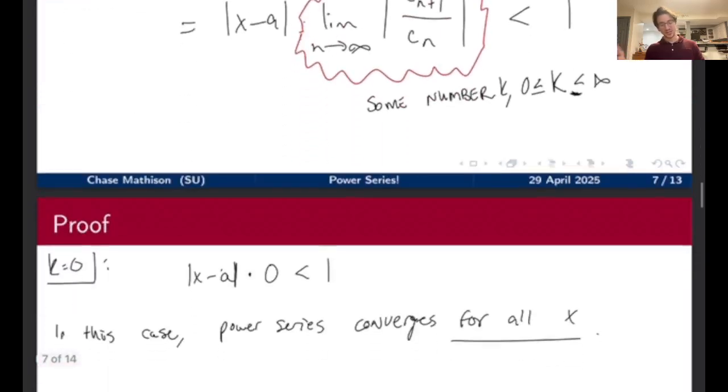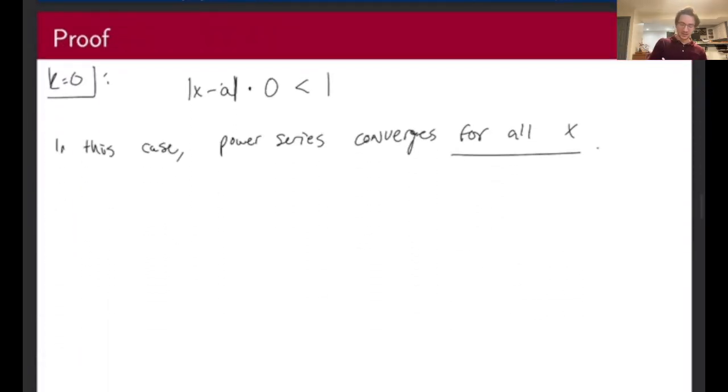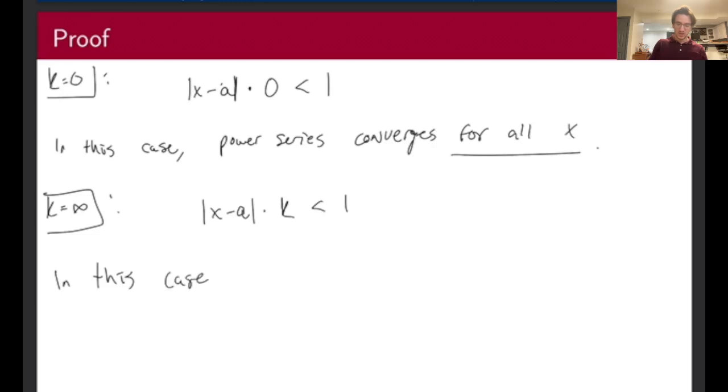Okay. Let's look at the opposite case, sort of the bad case. K equals infinity. The limit blows up. Then we get something that looks like x minus a times something that's blowing up. I'm going to just call it k for a second, less than 1. This is only going to be true if x is a. If x is a, in this case, we only get convergence if x is a.